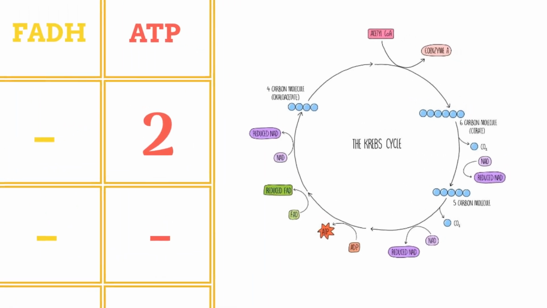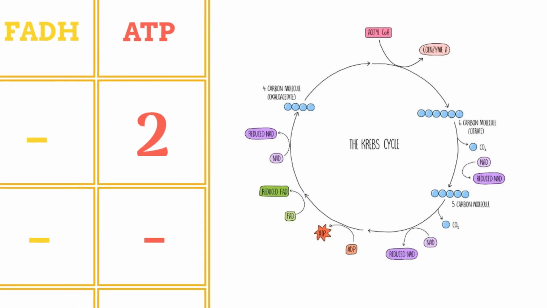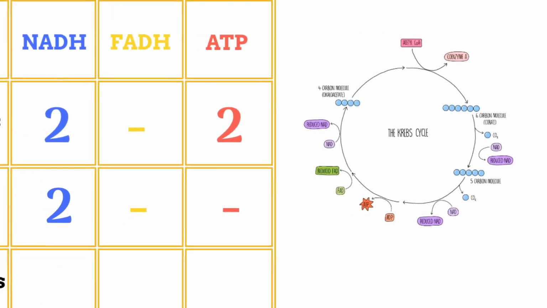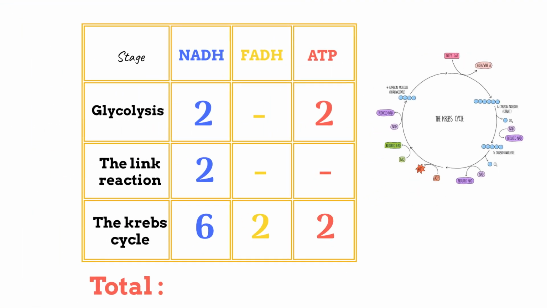Each Krebs cycle yields 3 reduced NADs and 1 reduced FAD and 1 ATP. Therefore, for one glucose, the yield is 6 reduced NADs, 2 reduced FADs, and 2 ATPs. Notice that reduced FAD is only produced in the Krebs cycle. It's not present in any of the other 3 stages.